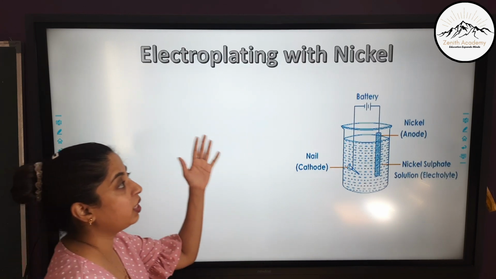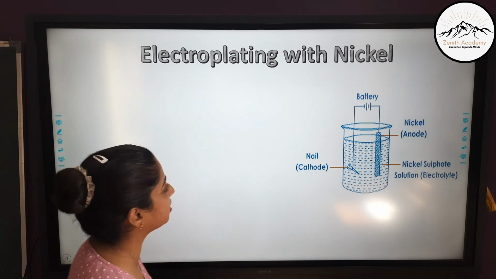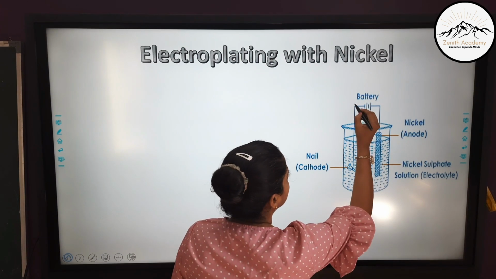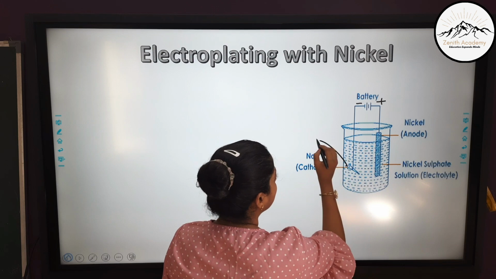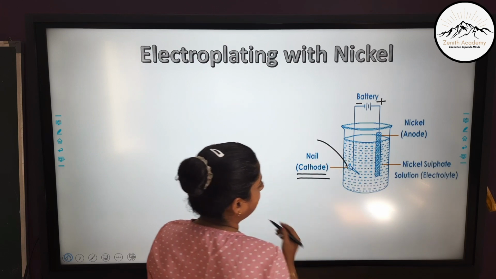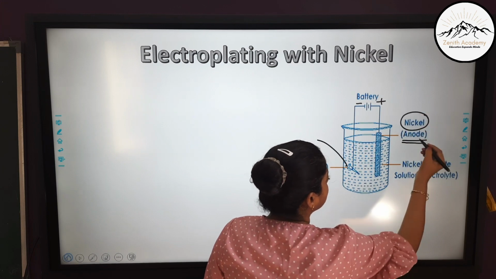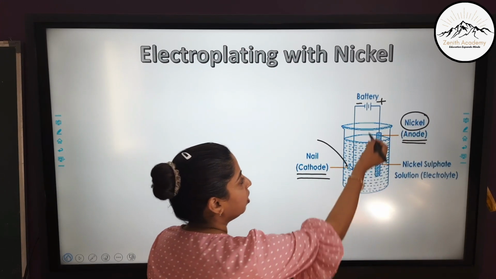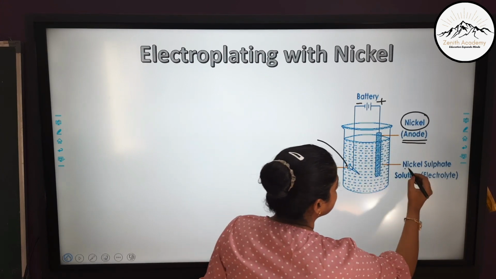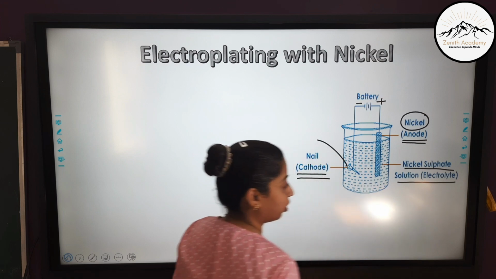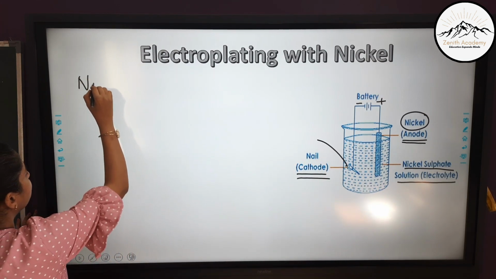Now, electroplating with nickel. Let us study electroplating by taking this example. Here you can see this is the negative terminal of the battery, this is positive. This nail is at the cathode and pure nickel metal is made the anode. So we have taken a metal rod of nickel. And what is the electrolyte solution? It is nickel sulfate solution.